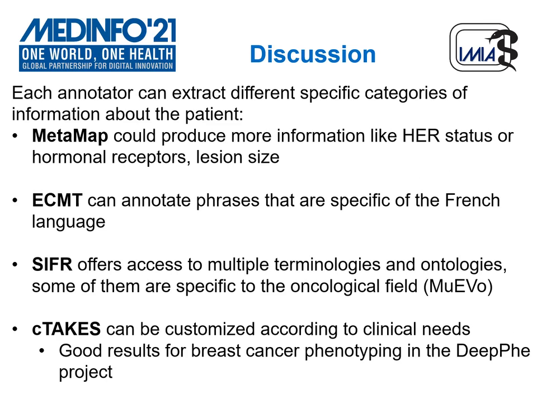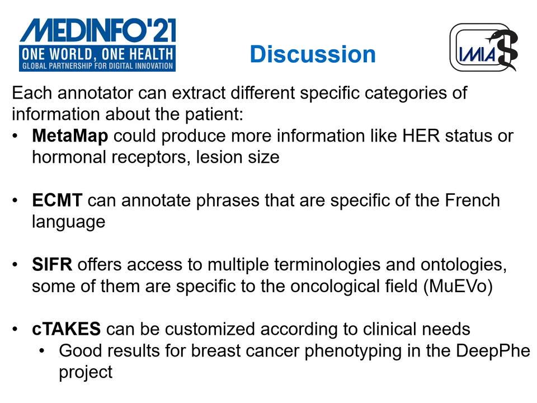We also noticed that each annotator can extract different specific categories of information. MetaMap could produce more information like the HER2 status, the hormonal receptors, the lesion size, etc. ECMT could annotate phrases that are specific to the French language and that are only annotated with French terminologies.